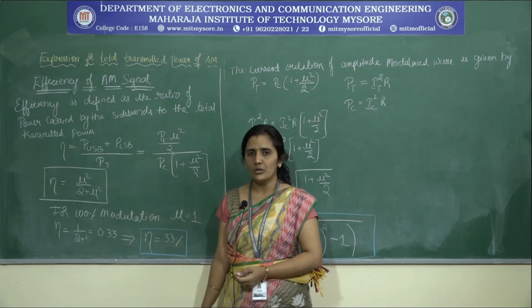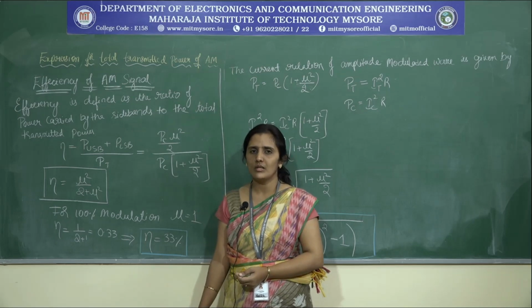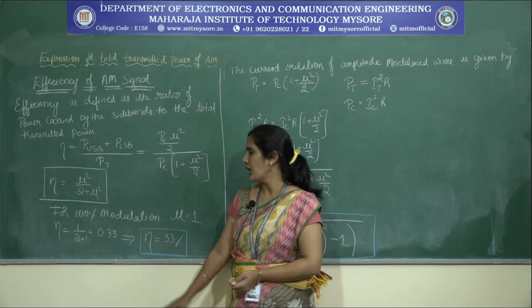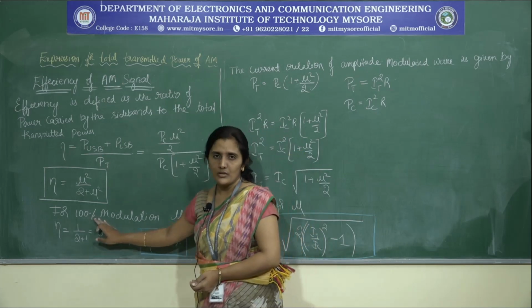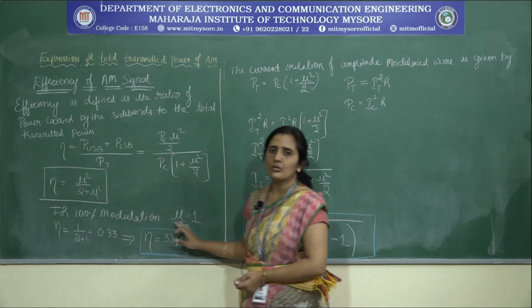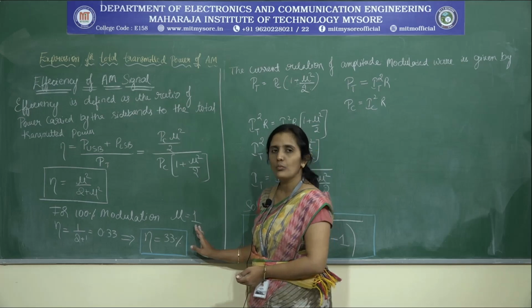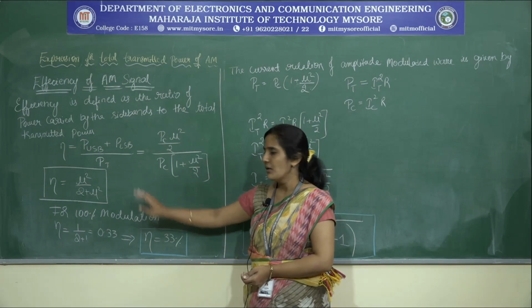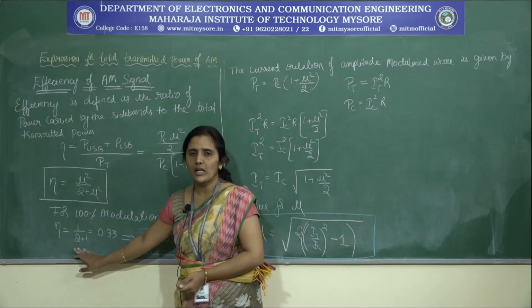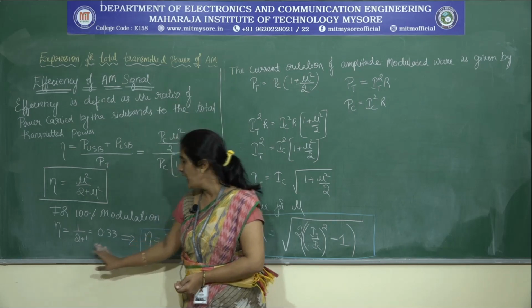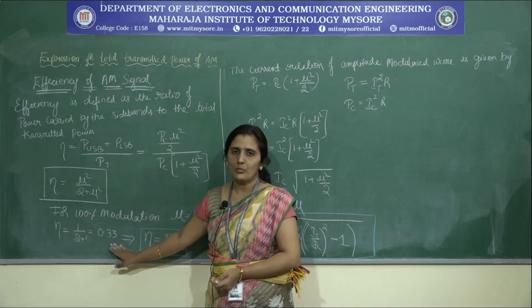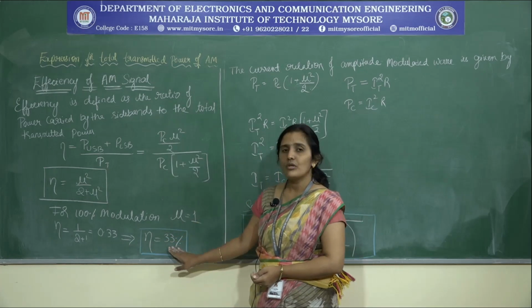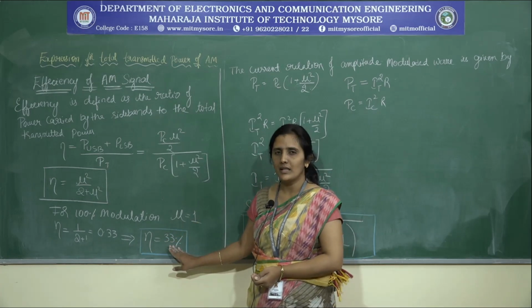Now substituting the modulation index mu is equal to 1, what equation are we going to get for 100% modulation? We are going to put mu is equal to 1 in the previous equation, substituting like this: 1 divided by 2 plus 1, and we are going to get 0.33. So the efficiency of the AM signal is 33%.